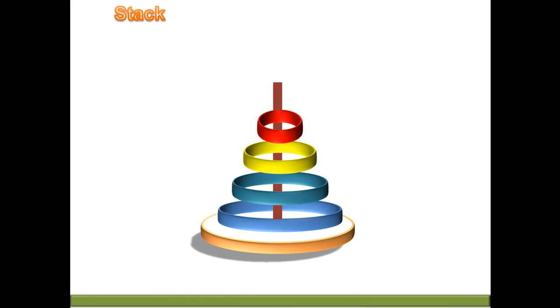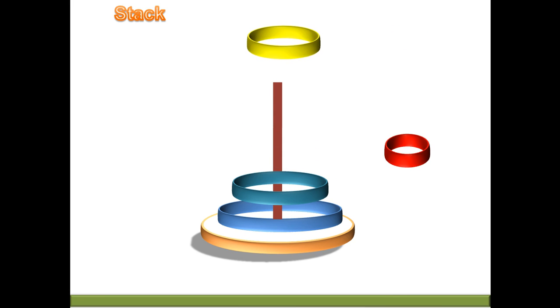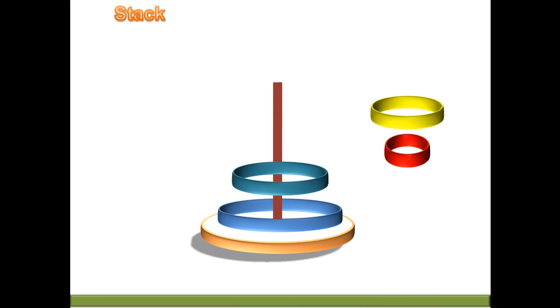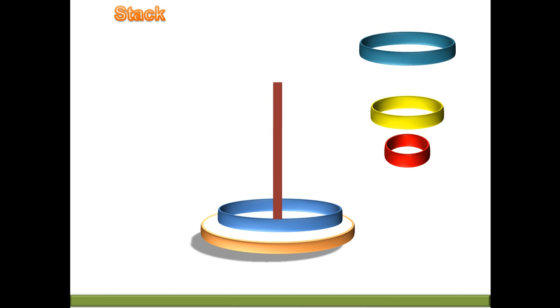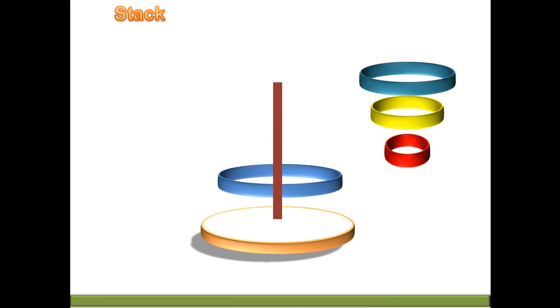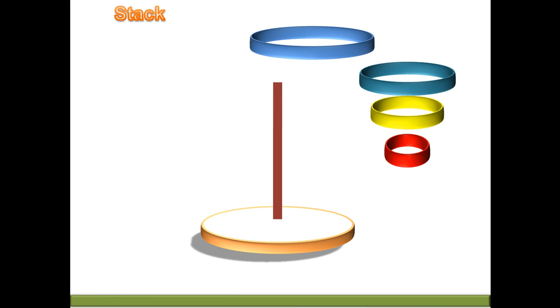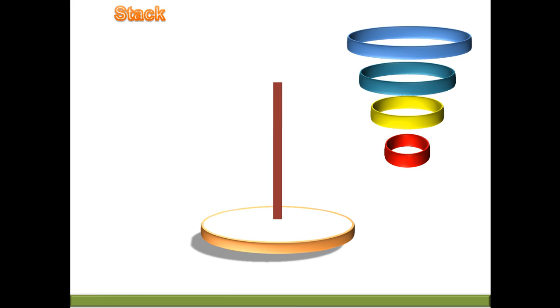As this is a stack or a Lifo, the red ring will come out first. Let's see it. So here you can see the latest item in the system will be accessed first. So finally the biggest ring moves out of the system last.